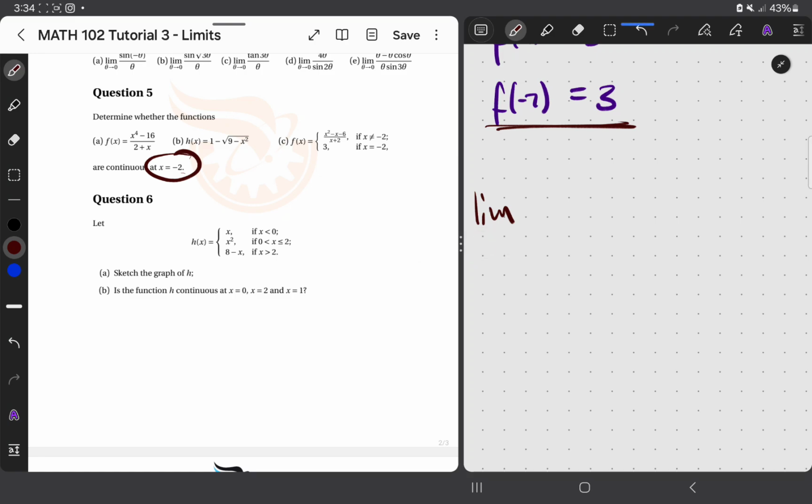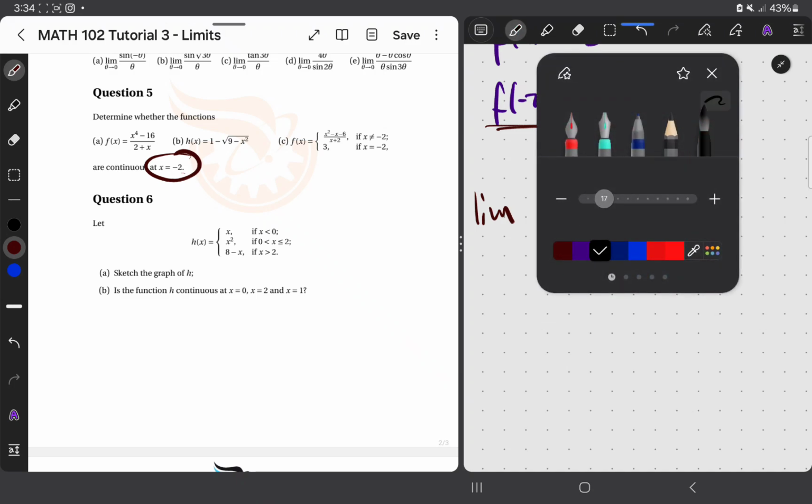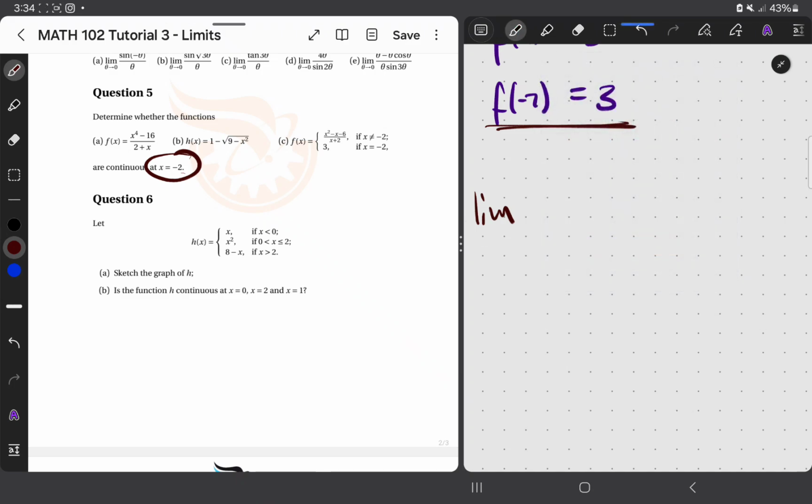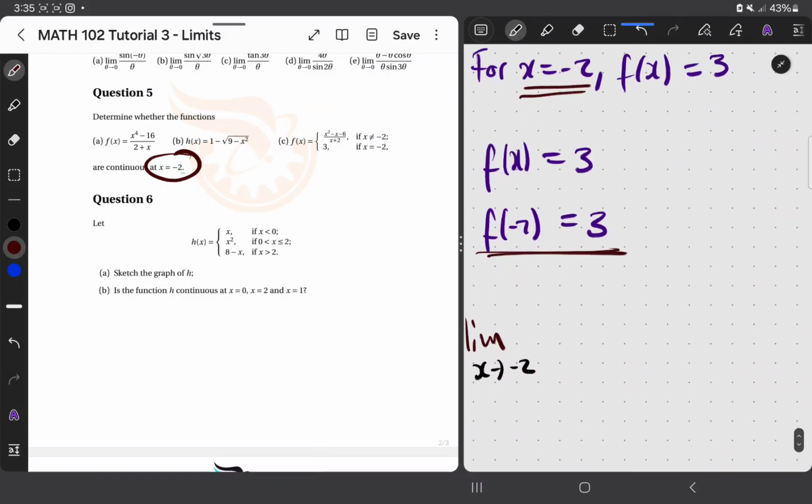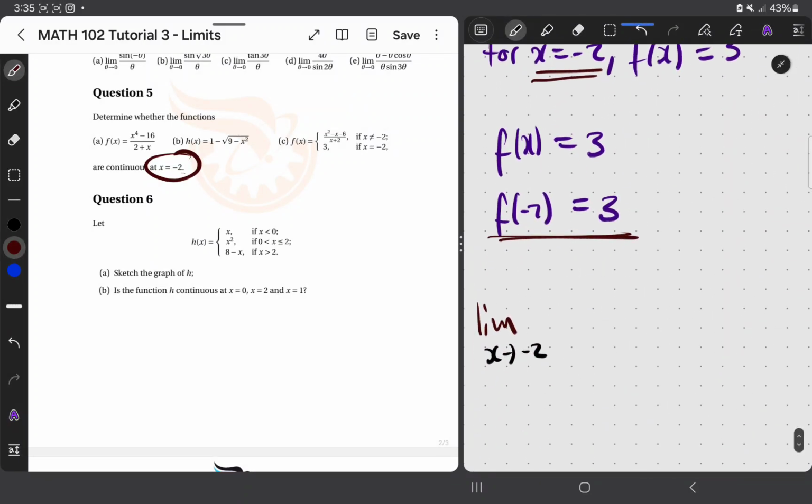Then now we are saying for the limit as x goes to negative 2, but since it's piecewise, we come from the left and then from the right.